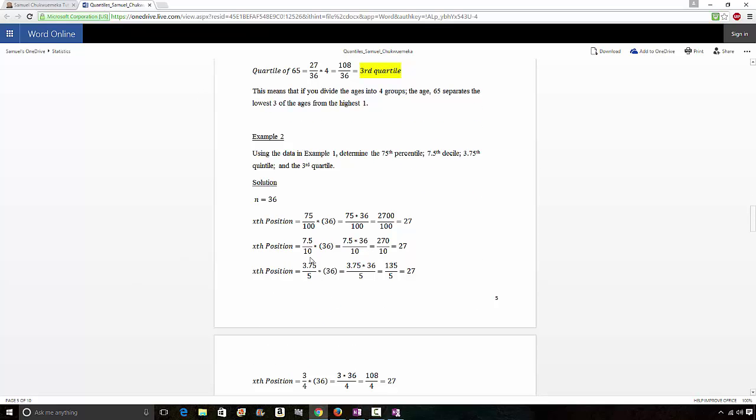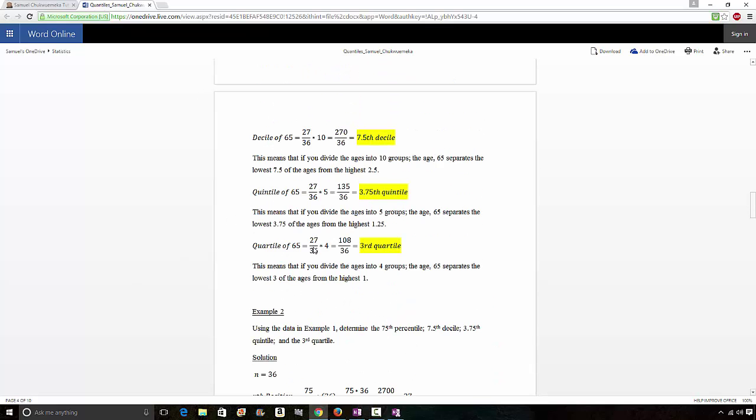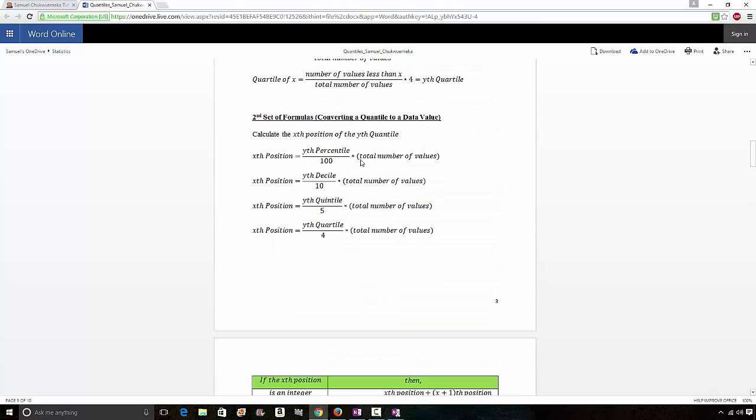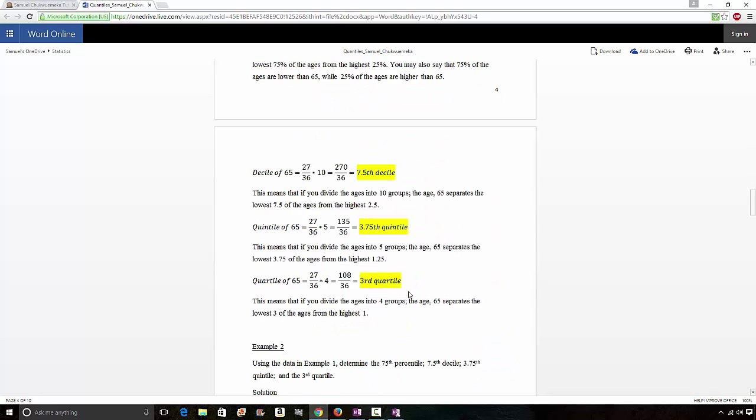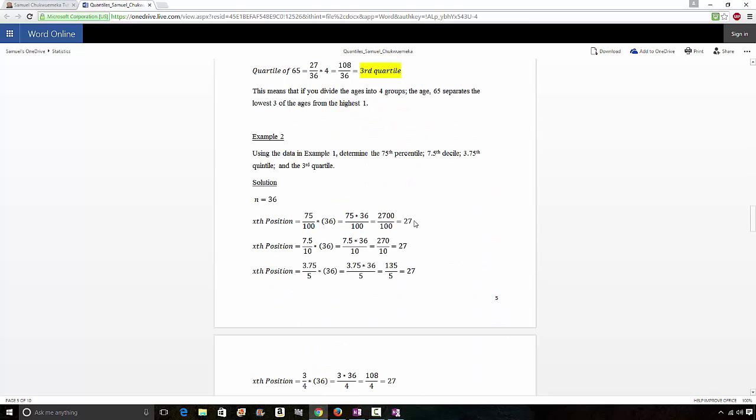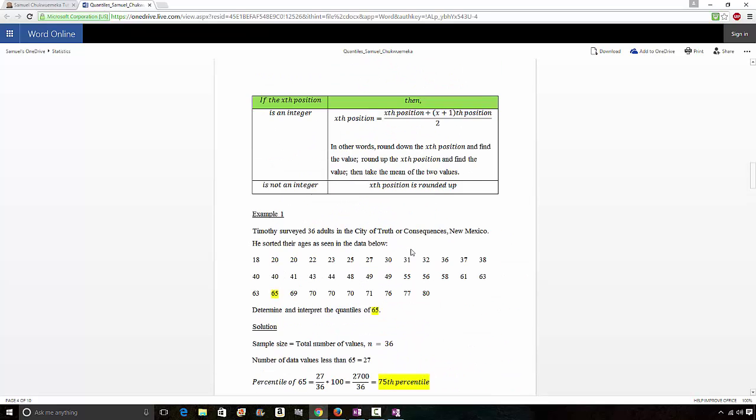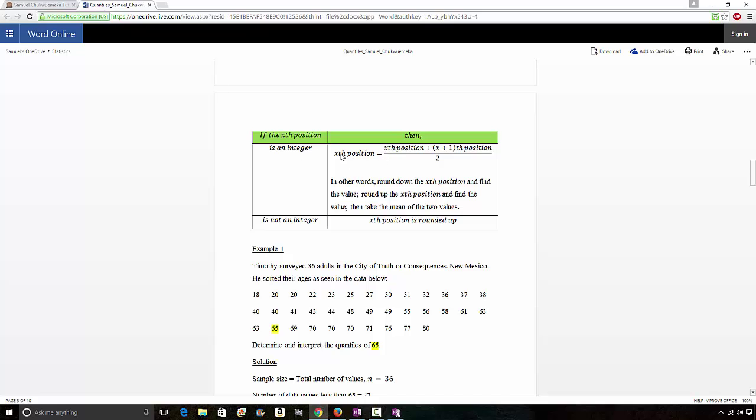From the formulas I gave you, the x position, the second set of formulas. For the 75th percentile, it will be 75 out of 100 times 36, the total number of values. So you have 27. This is the position. Now, because 27 is an integer, you find the 27th position plus the 28th position, and divide by 2.